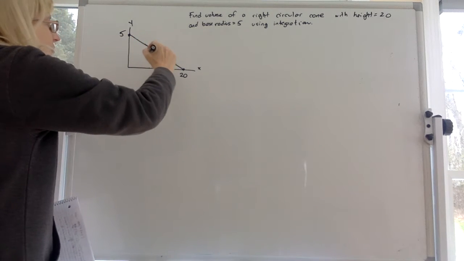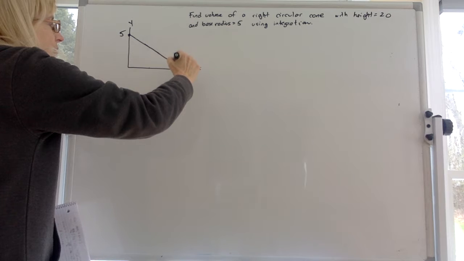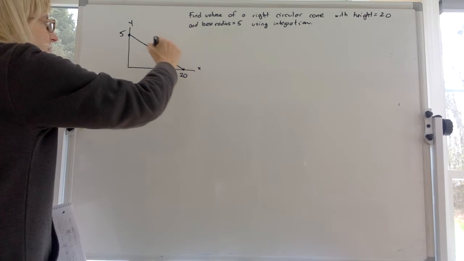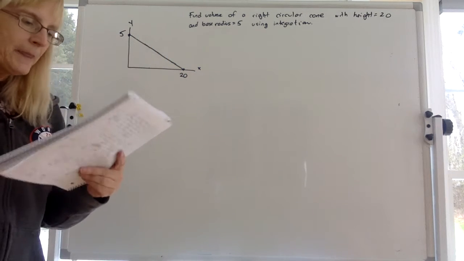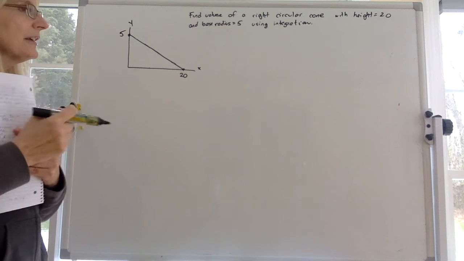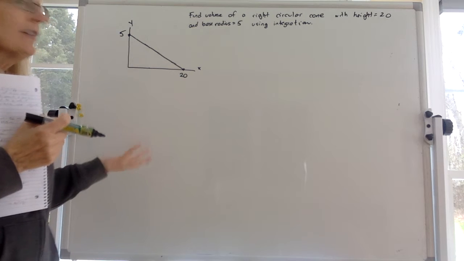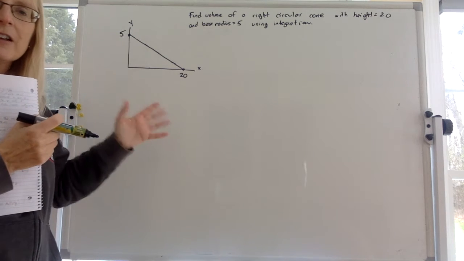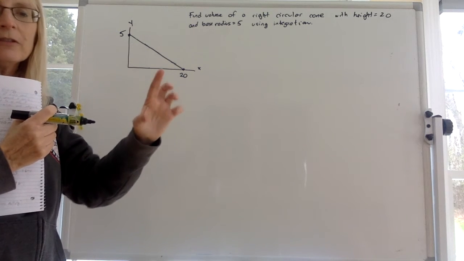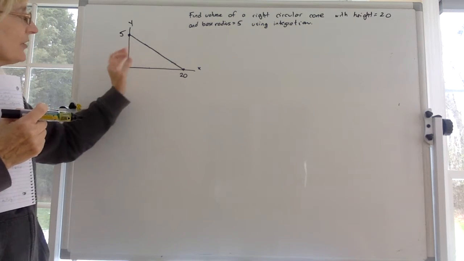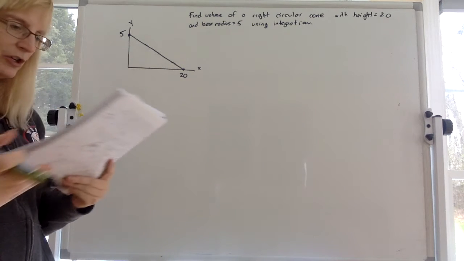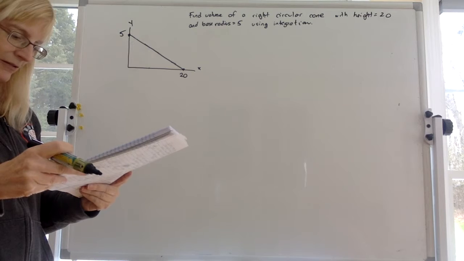As you go farther this way, the circles get smaller, smaller, smaller. This way, they get bigger, bigger, bigger, right? Okay, so what do we gotta do for volume? Volume is you integrate the area. Volume is the area times the width, right? You find the area of the disk times the width. That gives you the volume. So we're gonna use integration to do that, okay?